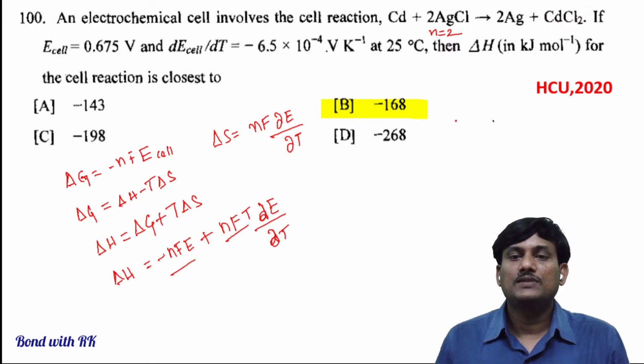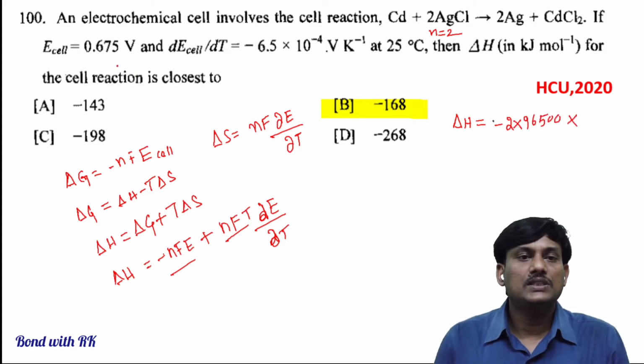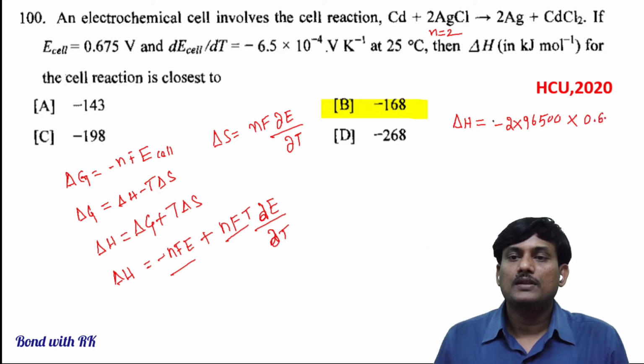So when you substitute these values, delta H is equal to minus 2 into 96,500 coulombs into the E value 0.675, plus NFT, 2 into 96,500 into temperature. The temperature is 25 degrees centigrade, so it will be 298 Kelvin, into dE by dT, which is given as minus 6.5 into 10 to the power of minus 4.